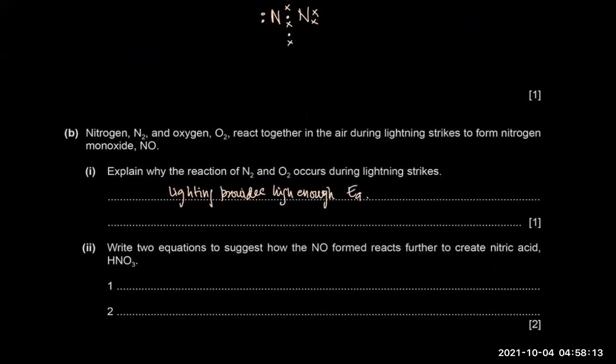Write 2 equations to suggest how the NO formed reacts further to create nitric acid. So to make nitric acid, what forms first? Yes, first nitrogen monoxide forms nitrogen dioxide, then it reacts with water to form nitric acid.